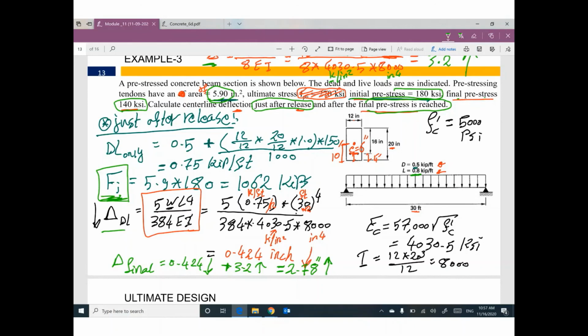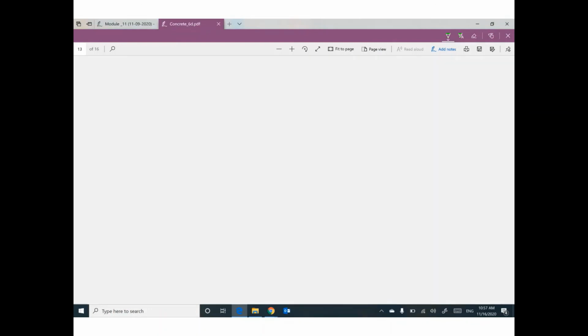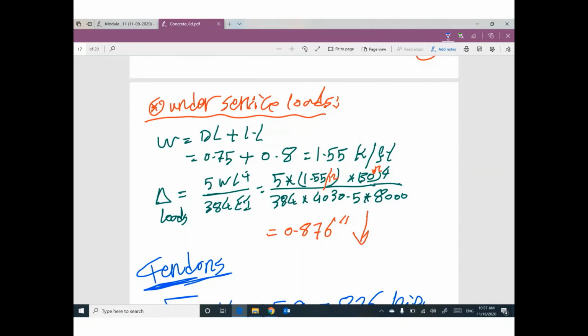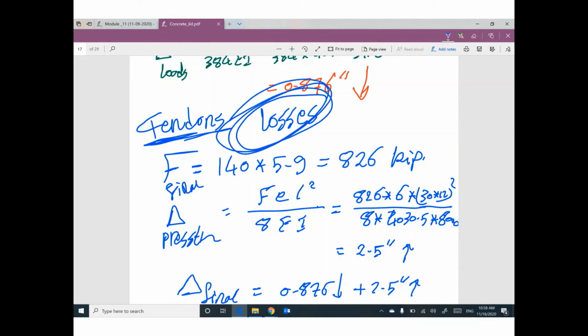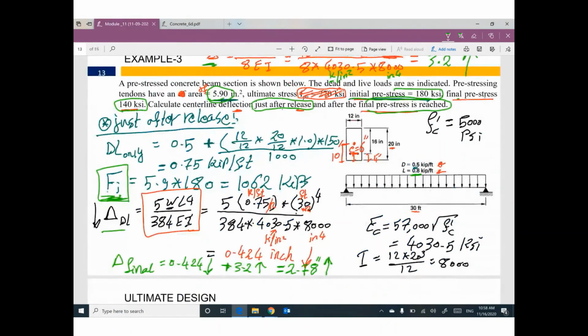Because we have a big difference. Just after release, we have Fi without losses and dead load only, including the unit weight of the beam. But after losses under surface load, your W will be dead and live, both of them. And the tendon will lose some force, so we have F final after considering losses. So make sure you are reading the problem carefully.